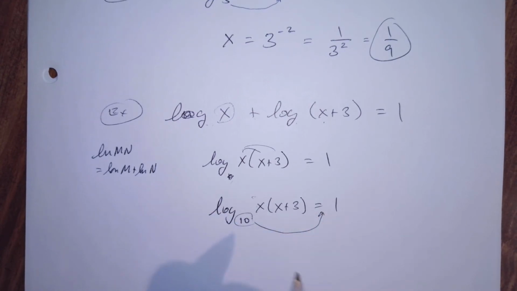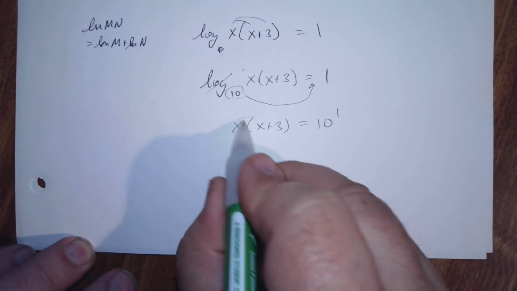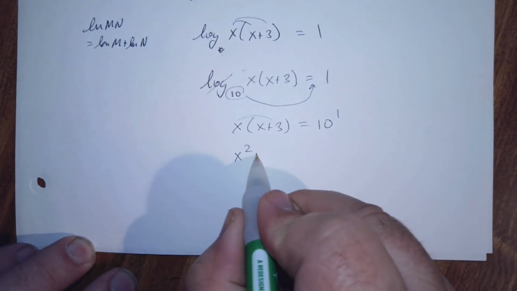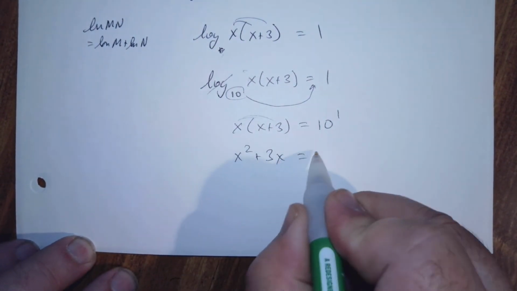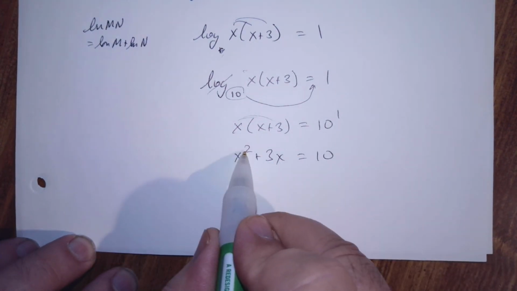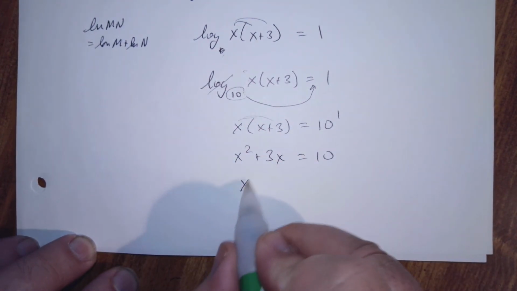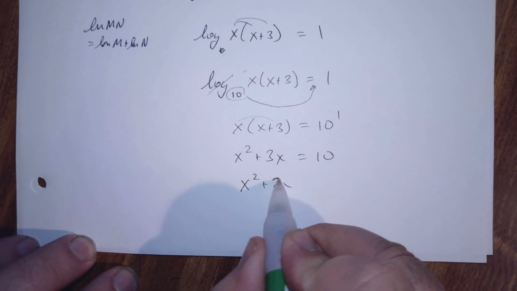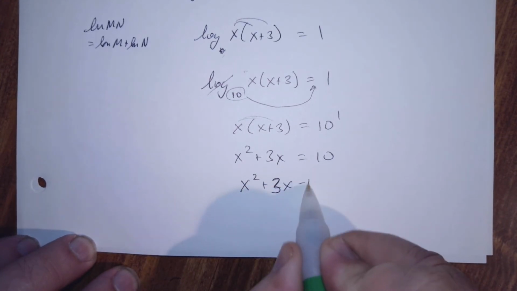So the 10 comes over here, the log drops off, x times x plus 3 equals 10 to the power 1, x squared plus 3x equals 10. It's quadratic, so we're going to make it equal to 0: x squared plus 3x minus 10.